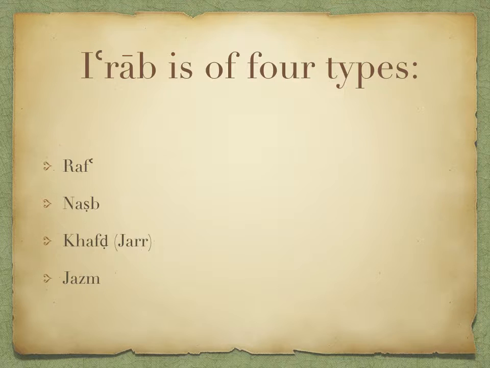If you imagine these 3 states to be like the states of i'rab, the dish is the word, and the sign of which state it is, is the condition of the dish.